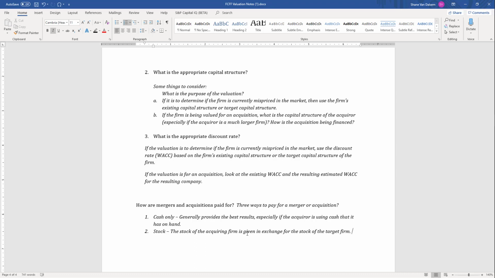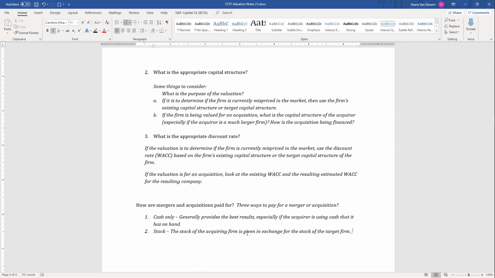So this happens quite a bit. Whenever Berkshire Hathaway acquired BNSF Railroad, that's how they did it. Primarily, or at least in part, they gave shares of Berkshire Hathaway stock to the stockholders of BNSF.